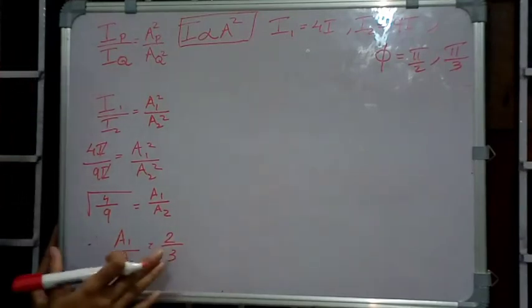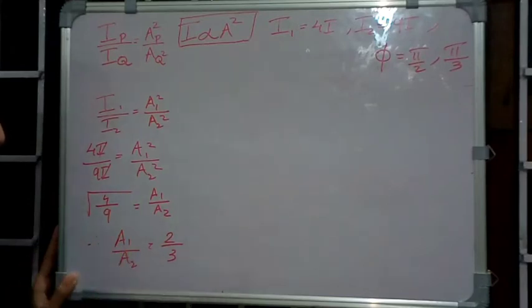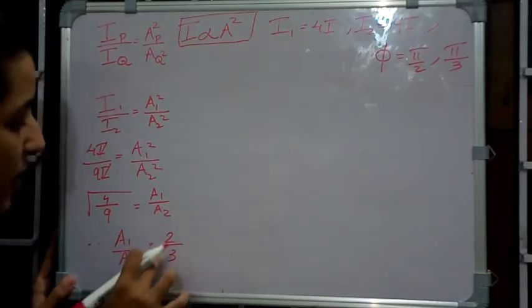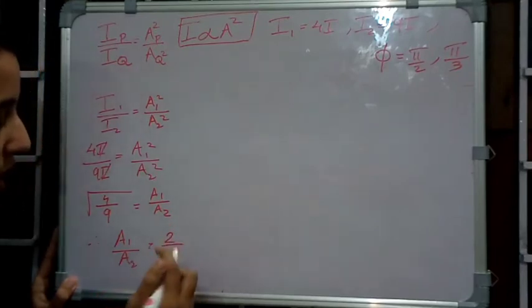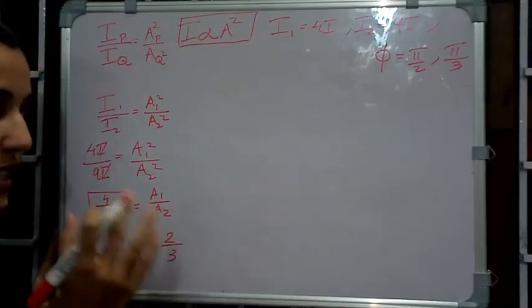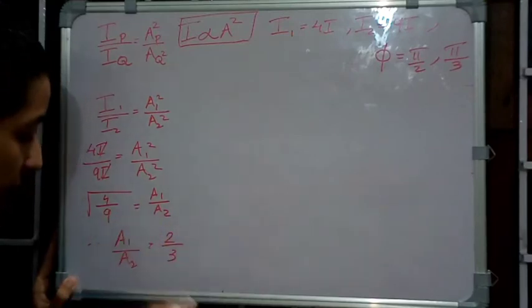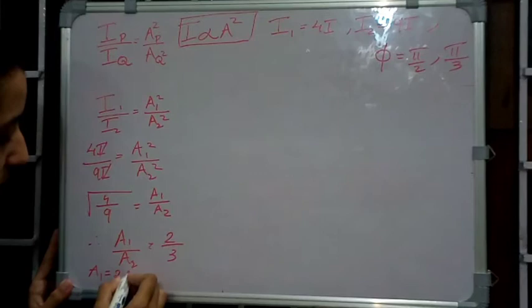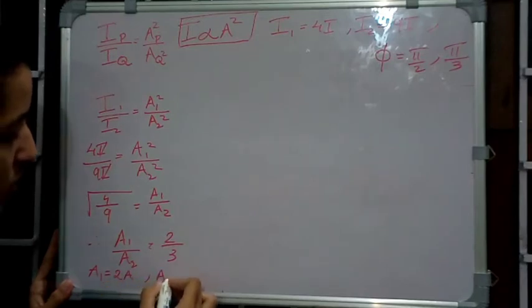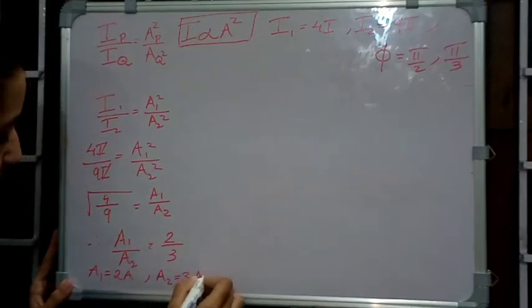So from this we can find the value of A1 and A2. Since it is the ratio, there can be a number which is common in both numerator and denominator. Let's consider that number as A. Therefore, the value of A1 will be 2A and A2 will be 3A.